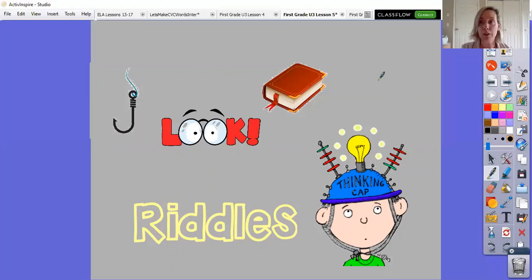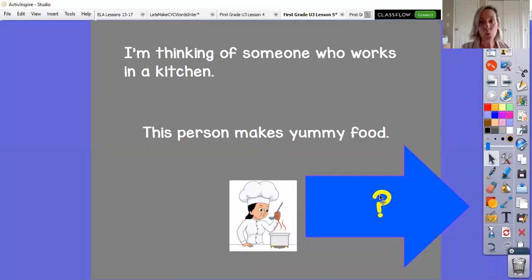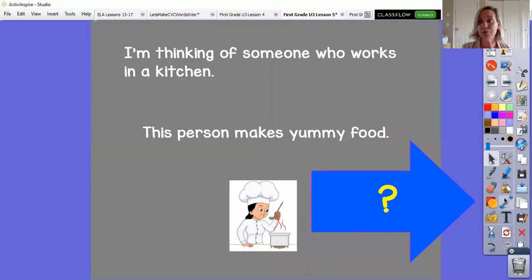I'm going to give you a couple of riddles, and I'm going to read them to you. I'm thinking of someone who works in a kitchen. This person makes yummy food. Who would it be? That's right, it's a cook. Let's see how it's spelled. Oh, it's not going to show you, so we have to write it in.